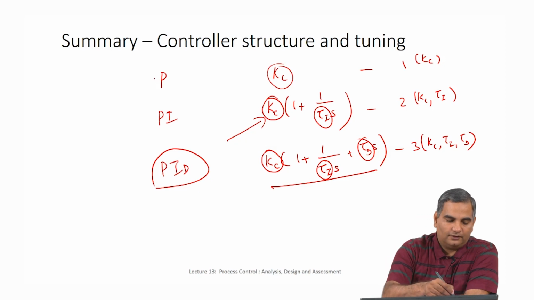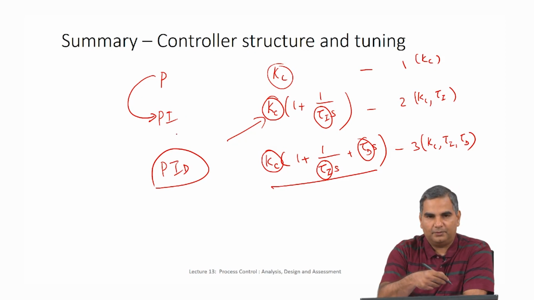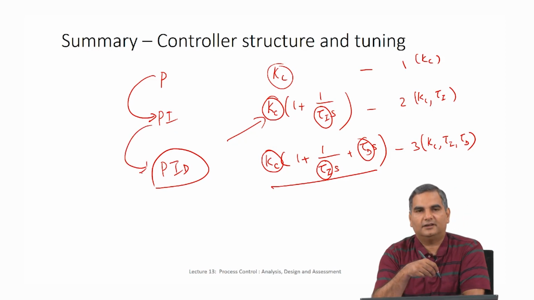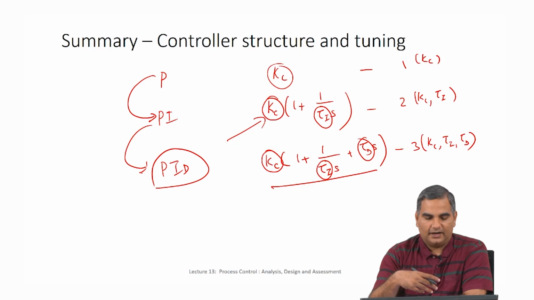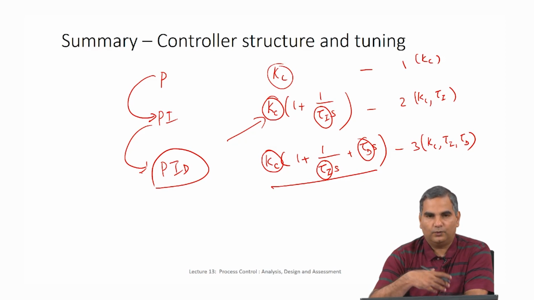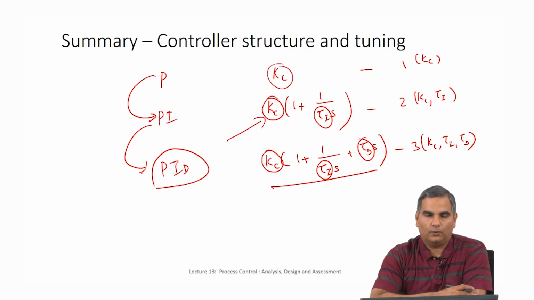But because of certain reason we move from here to here, that will introduce some disadvantages for this controller also. So, it is not always that PI is better than P. Similarly, when we move from here to here, we will get certain advantages and certain disadvantages. So, starting from now, we are going to look at these and then how we are going to tune this, why do we go from P, PI, PID, and what are the advantages and disadvantages and so on are things that we are going to see.